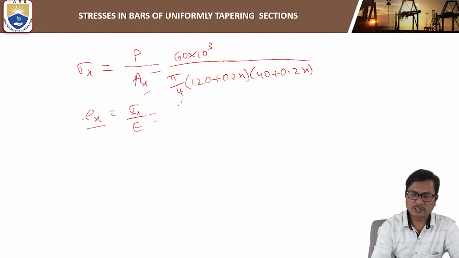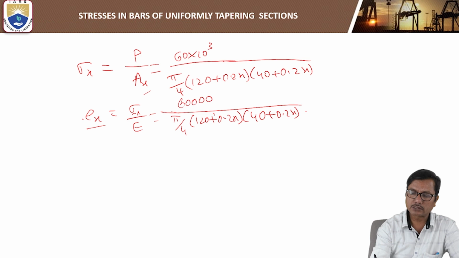So what is stress here? 60,000 divided by pi by 4 into 120 plus 0.2x, 40 plus 0.2x, into E.